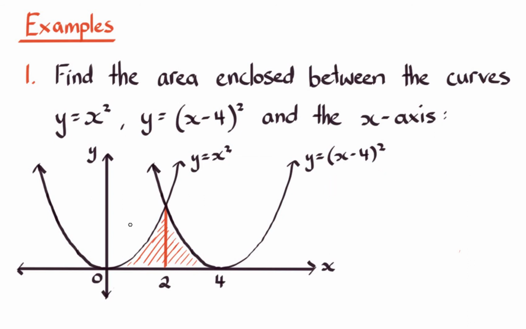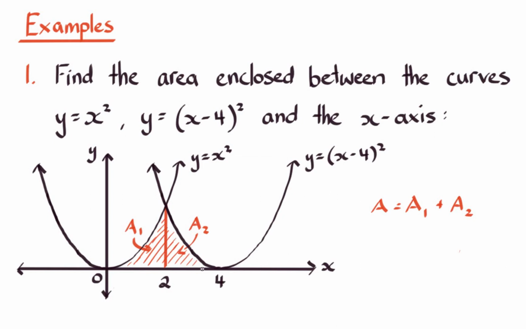And so now on to our two areas, area 1 and area 2. Our total area is going to be the sum of these two individual areas. Area 1 lies between 0 and 2 and is underneath the y equals x squared parabola. Area 2 lies between 2 and 4 and is underneath the (x minus 4) squared parabola.